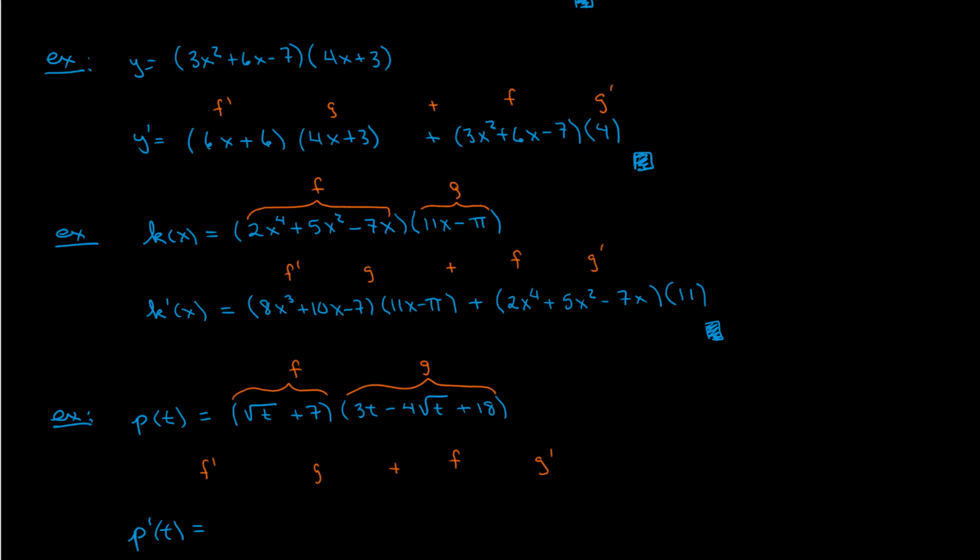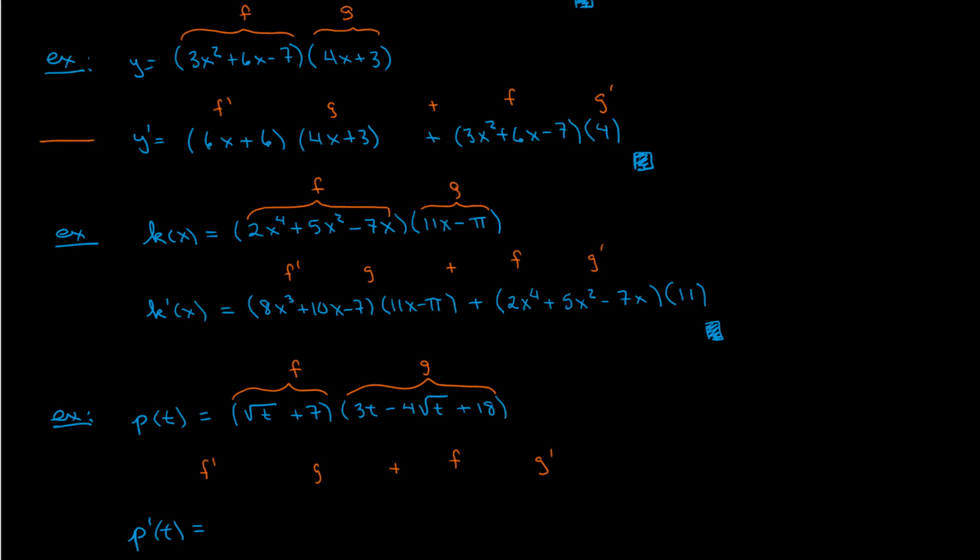However, there is an easier way to handle this, and that easier way is to say this first part we're going to define as f, and the second part in the product we're going to define as g.